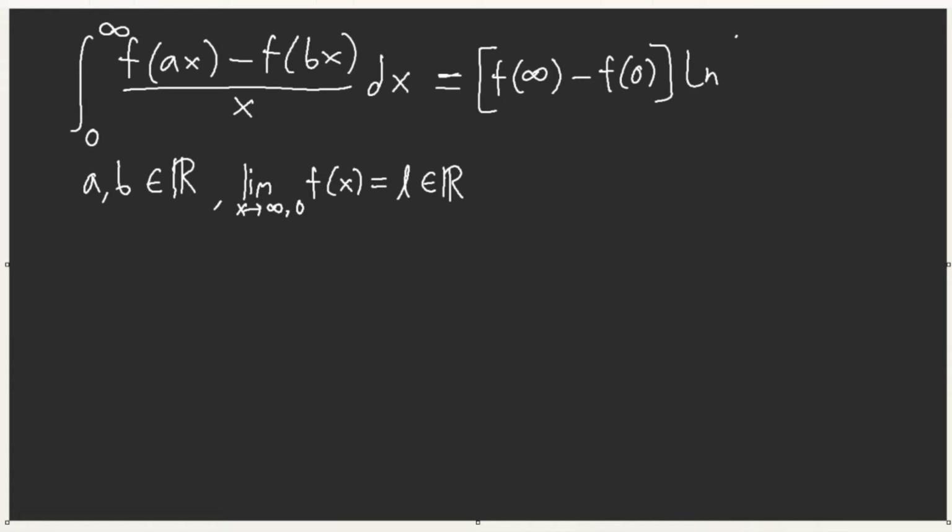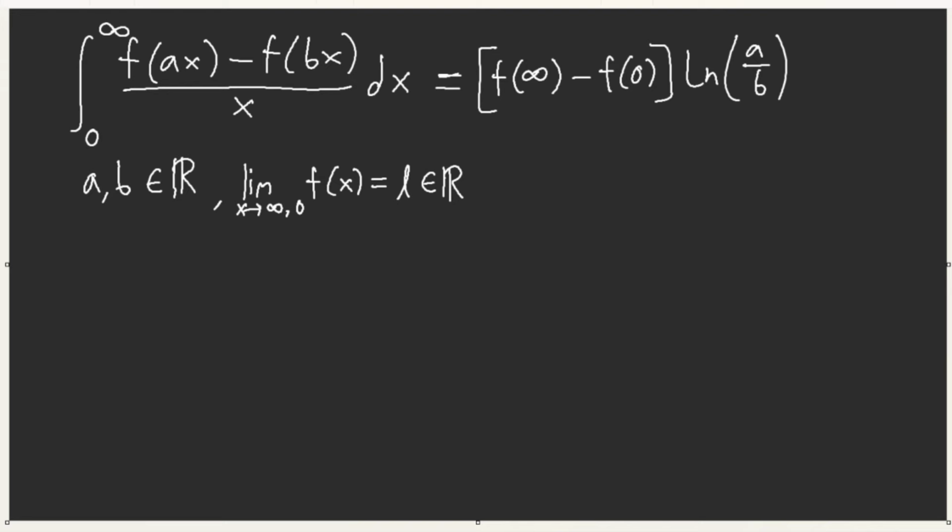times ln of a over b. I know it sounds crazy because you're not even integrating, you're just evaluating based on the function and the coefficients, which is amazing. We're going to take advantage of this Frullani formula with certain types of integrals.